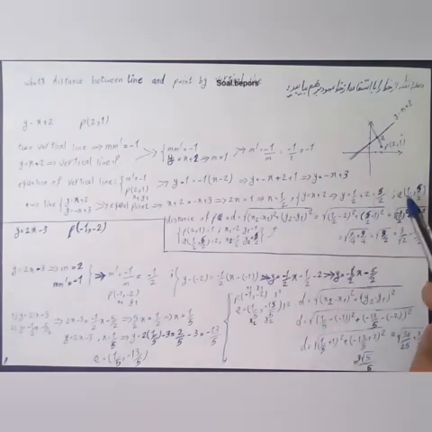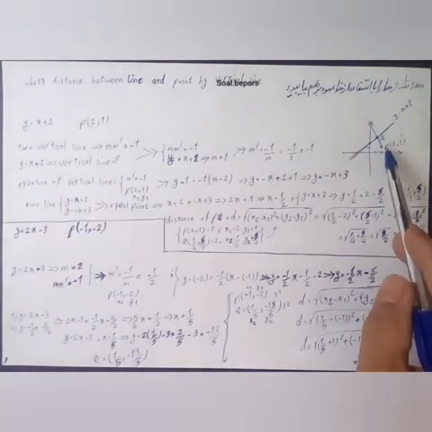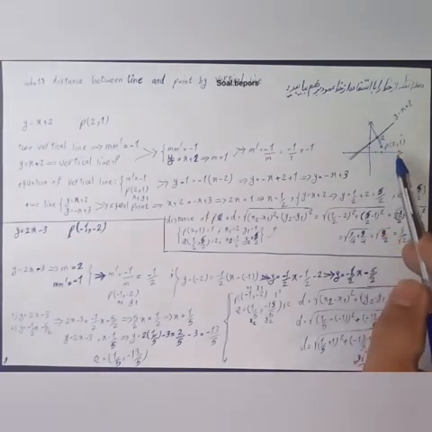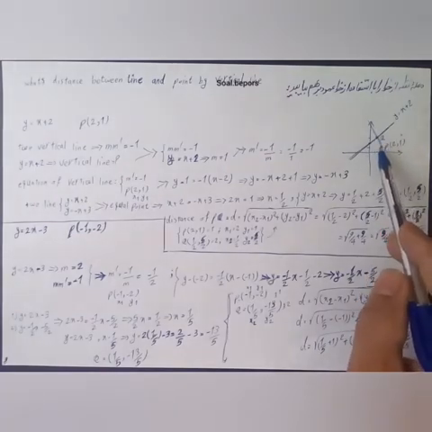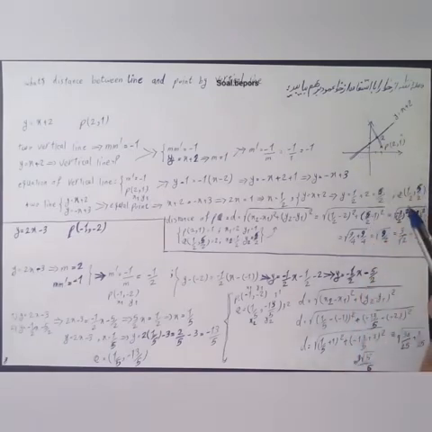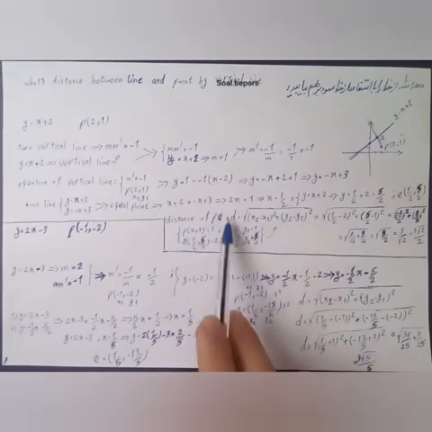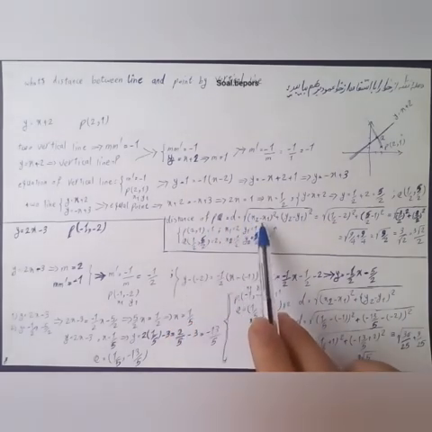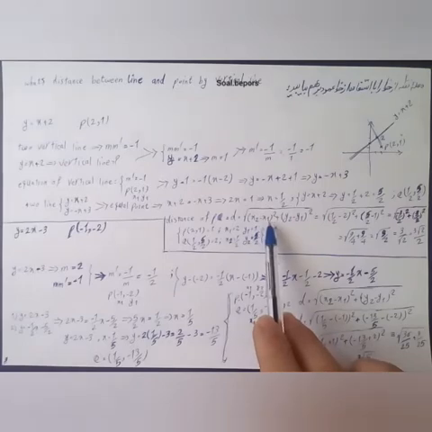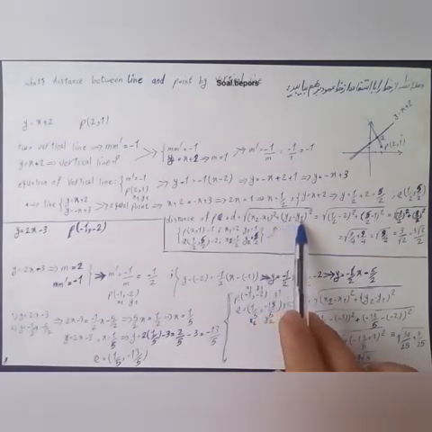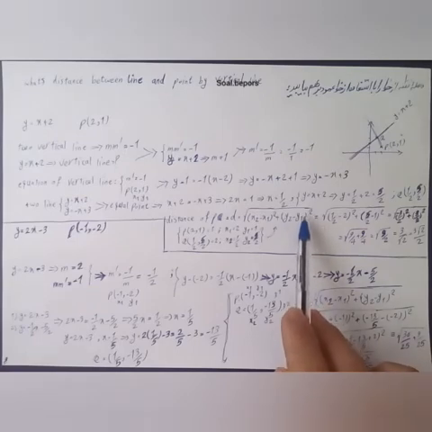So we have Q and P, so the distance between P and Q is the distance between P and this line. For finding the distance between P and Q, we use this equation: the square root of (x2 minus x1) power 2 plus (y2 minus y1) power 2.